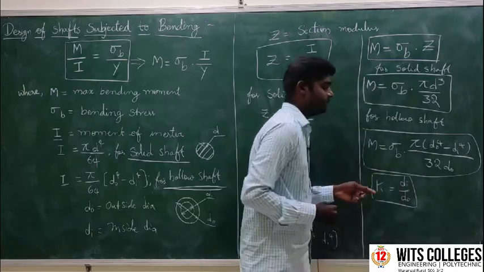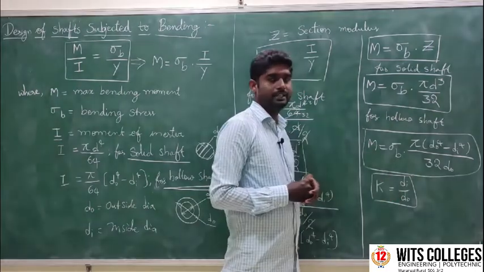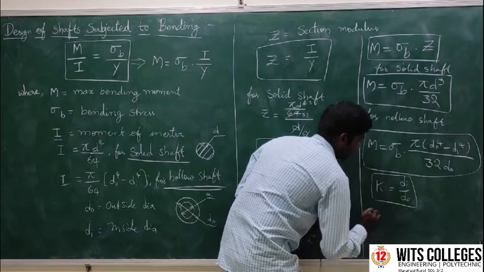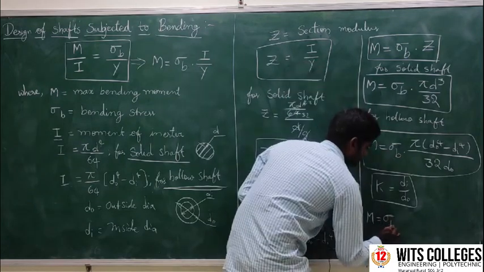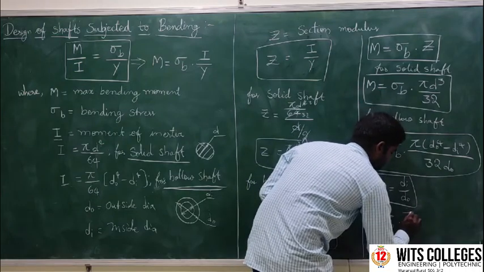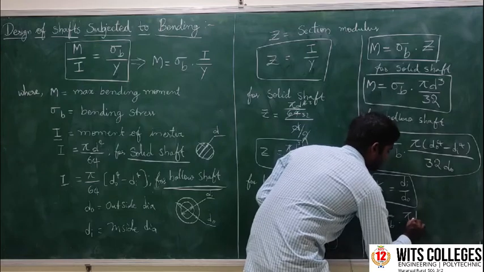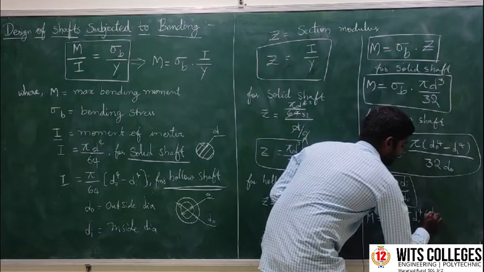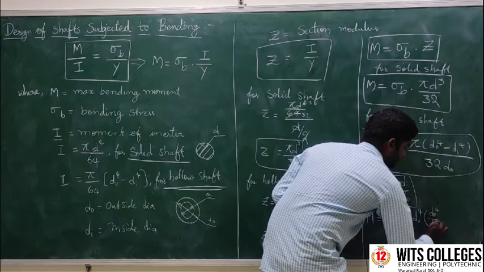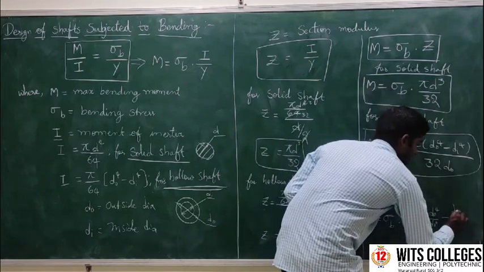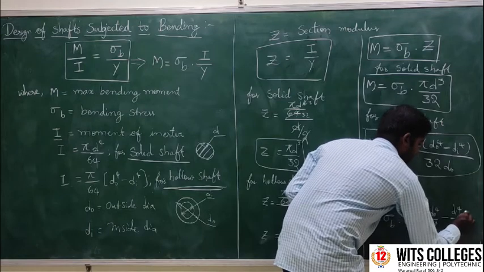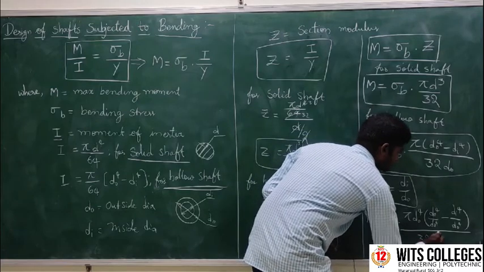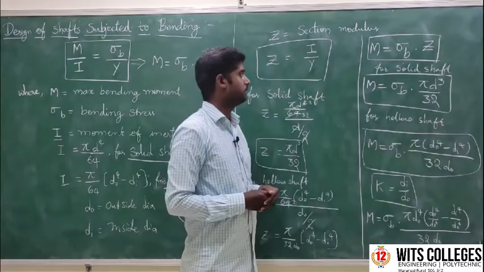Using this constant di by d naught, M is equal to sigma b into pi into d naught power of 4 common, d naught power of 4 minus di power of 4 by d naught power of 4, by 32 d naught.